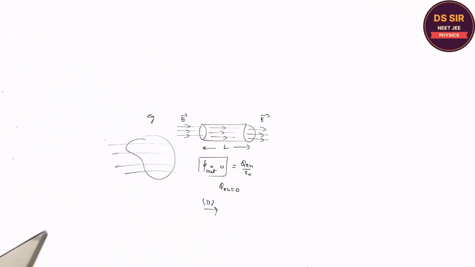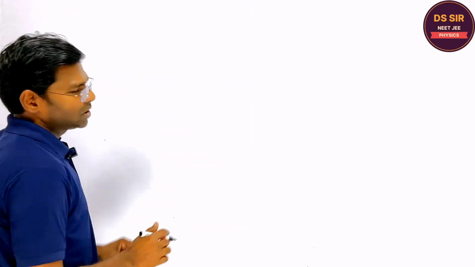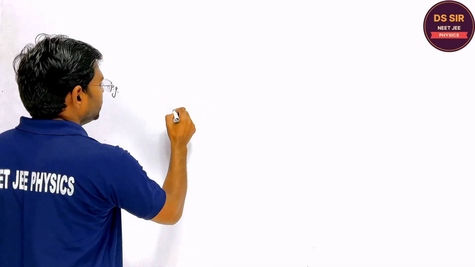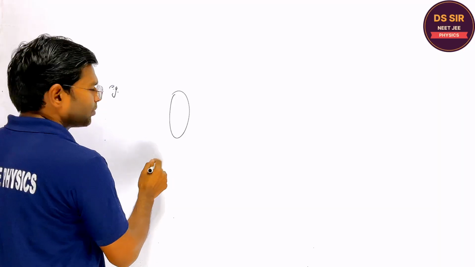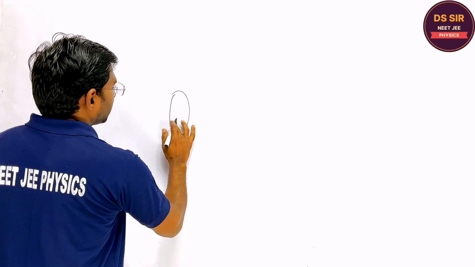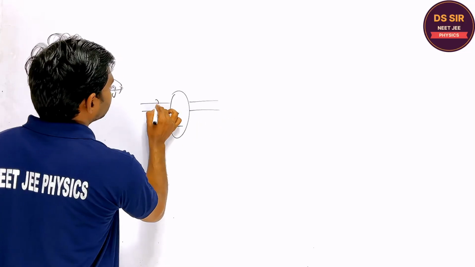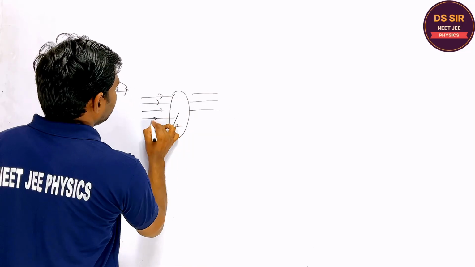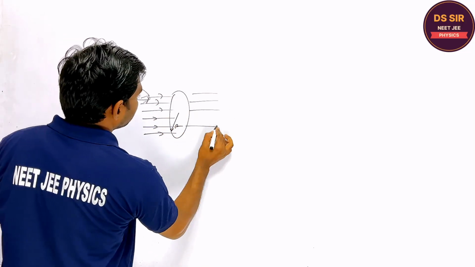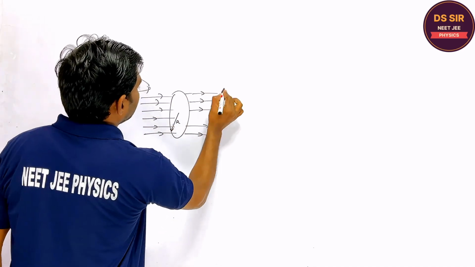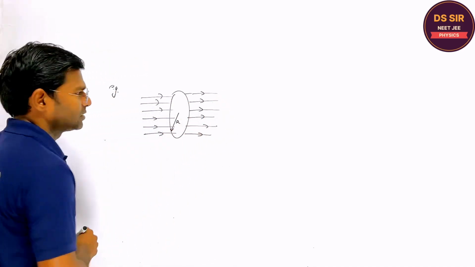Copy this. One more interesting question I am telling you, it will definitely appear somewhere in your sheet. Suppose this is a disk of radius R, and the electric field is like this.